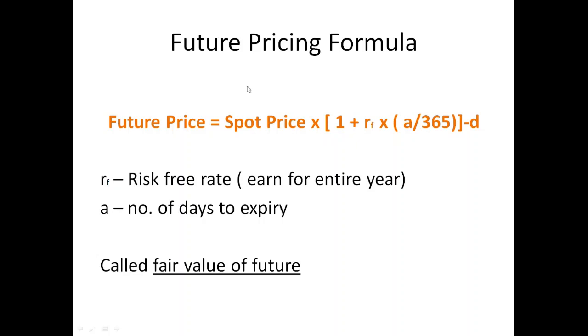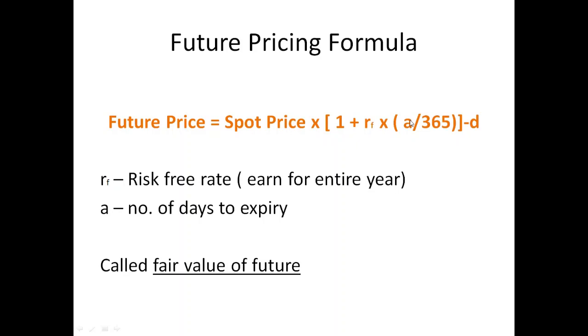This is the future pricing formula. This gives a fair value of a future. We call it fair value. So we are calculating on our own, without taking factors like interest rate, dividends and a few other factors. So here, future price equals spot price multiplied by (1 plus RF multiplied by A divided by 365). RF is the risk-free rate, that's earned for the entire year.